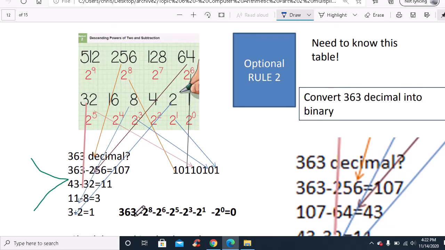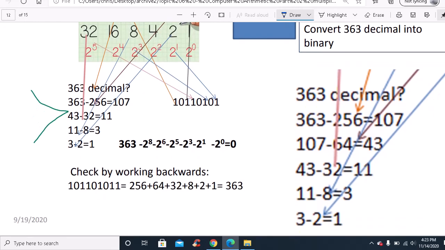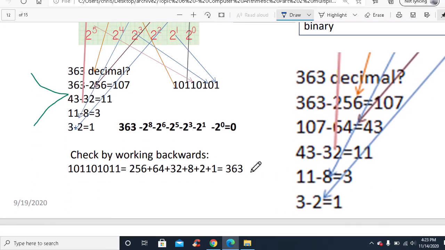So, just swapping all these expressions to the other side, 363 equals 2 raised to the power of 8 plus 2 raised to the power of 6, all the way down to 2 raised to the power of 0. And this optional rule gives me a lot of confidence in the rightness of the technique.